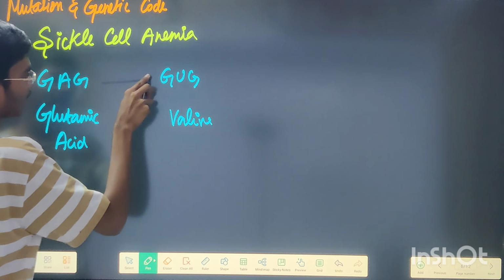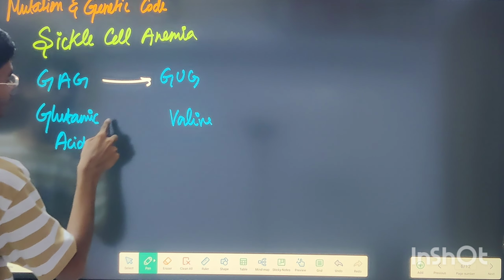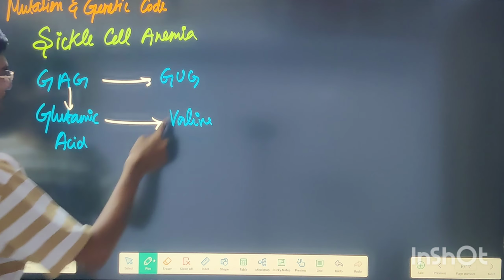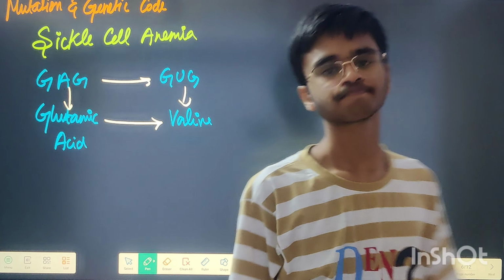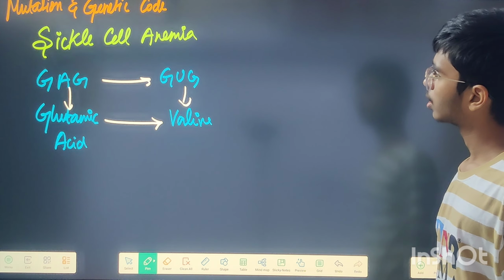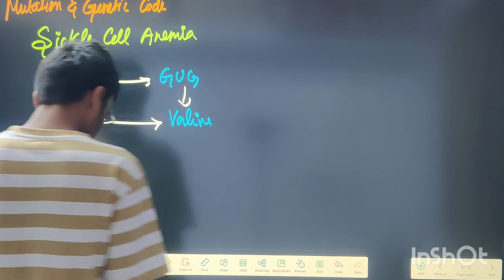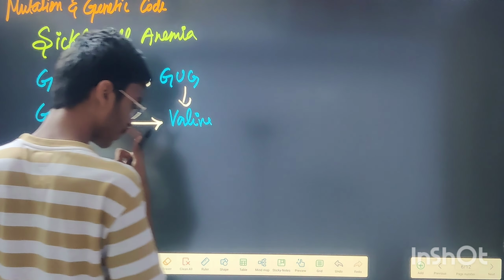So GAG codes for glutamic acid, GUG codes for valine. Mutation, sickle cell anemia, GAG, GUG. This happens in chromosome 11.